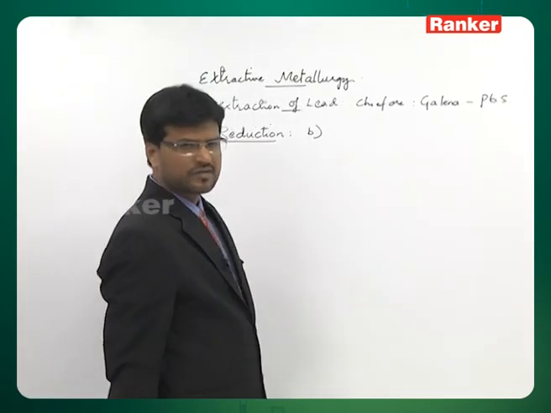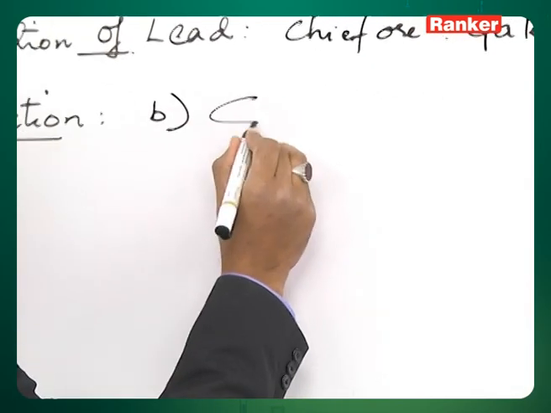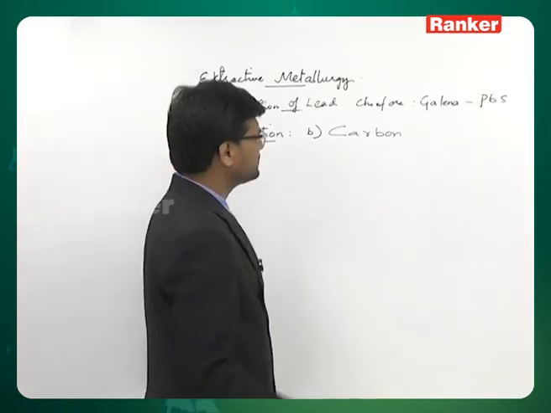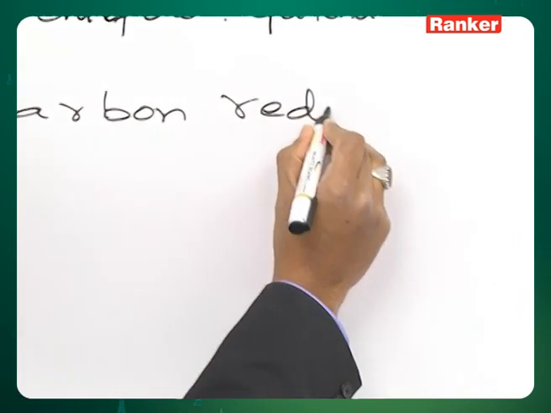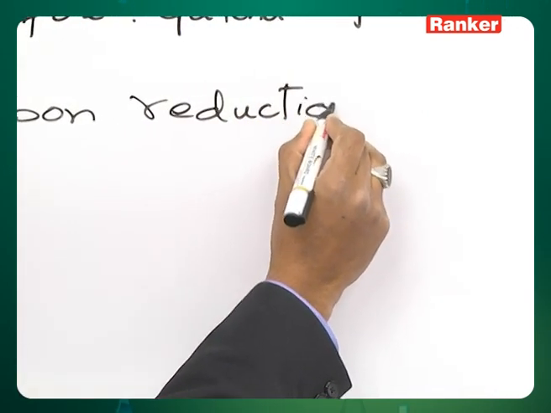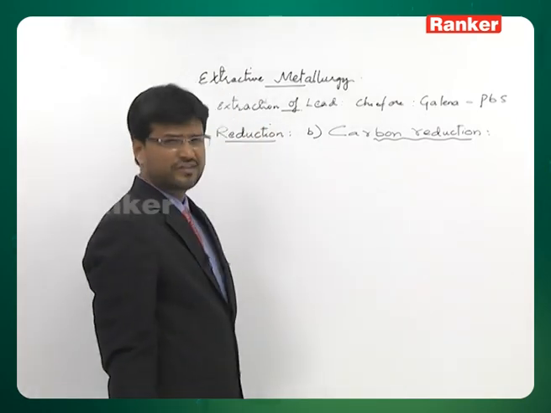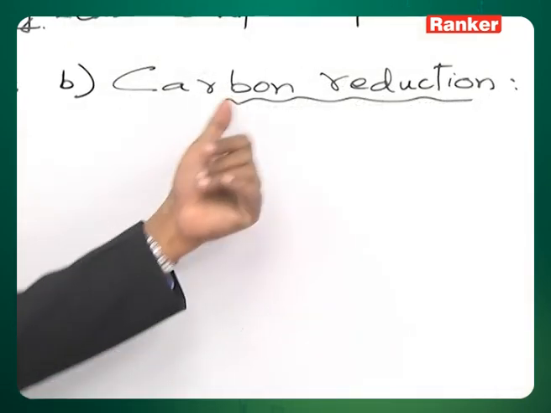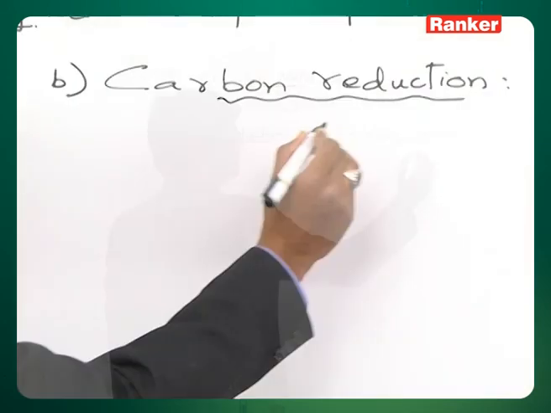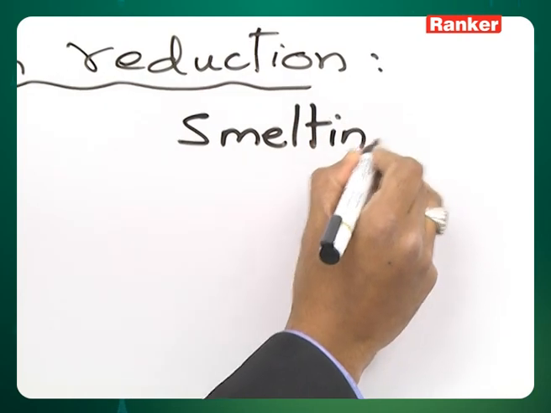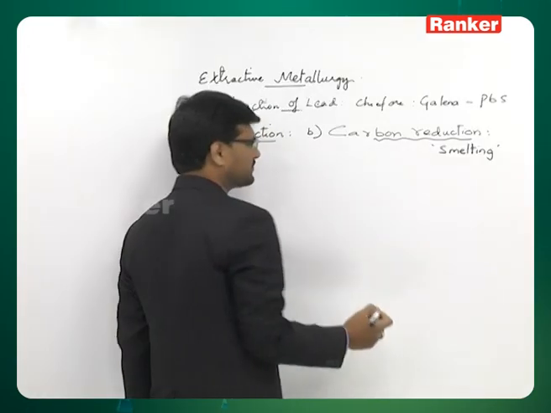Now, let us learn about carbon reduction. As I told you earlier also, carbon reduction is done when the impurities are more in amount. If you have large quantities of impurities associated with the ore, go for carbon reduction. Then we do what is called smelting. Smelting is done in a blast furnace.